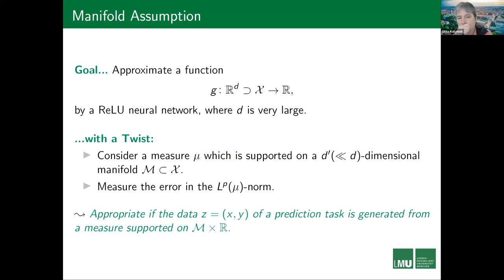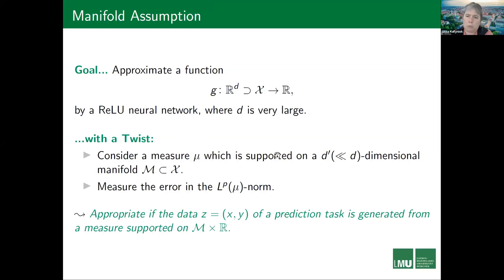So let's assume I have a function which I would like to approximate by, let's say, a ReLU neural network where D is very large. Let's assume I have a manifold in this X, which is D prime dimensional, and D prime is much lower than D. So I have a low dimensional manifold sitting in my space.